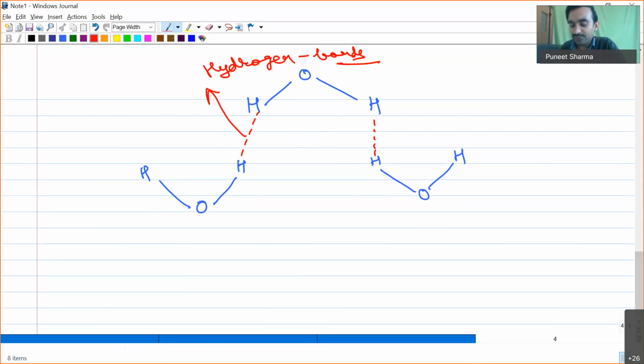Whatever number of molecules we were having in a certain amount of mass of liquid, the same number of molecules now shift to the corresponding solid phase. In the solid phase, they will be occupying a fixed crystalline structure, and in this crystalline structure there will be formation of hydrogen bonds, which will create extra void spaces and avoid the molecules fitting closely with each other. Okay.